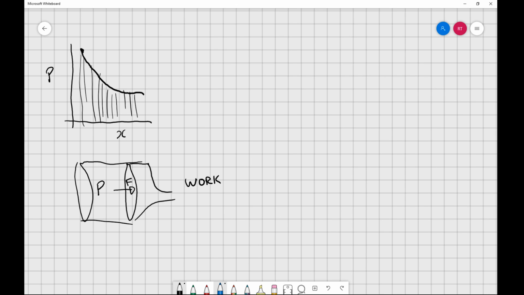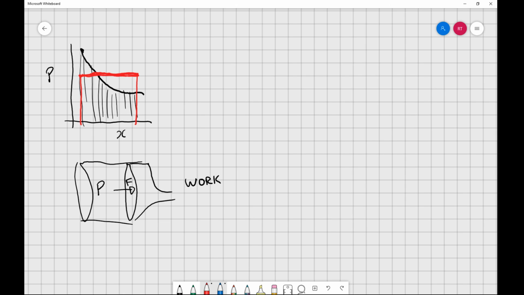So in order to simplify, we introduce an idea known as the mean effective pressure. What we assume is that throughout the whole sweep we had some averaged pressure throughout.